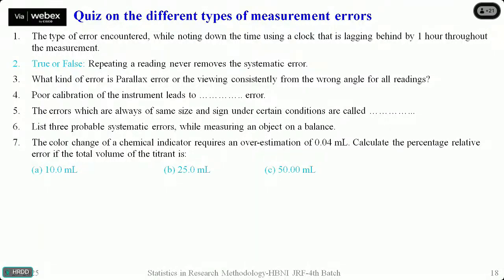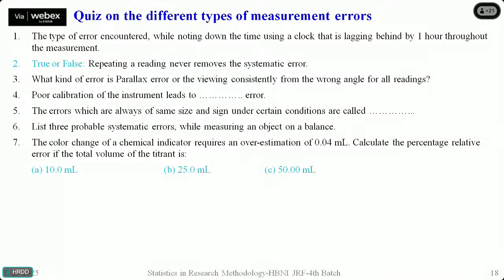10. But can we conclude from this comparison between 10, 25 and 50 ml, if the absolute error value is the same for all? In that case, given a choice between 10 ml, 25 ml, 50 ml containers, we will opt for 50.00 ml.